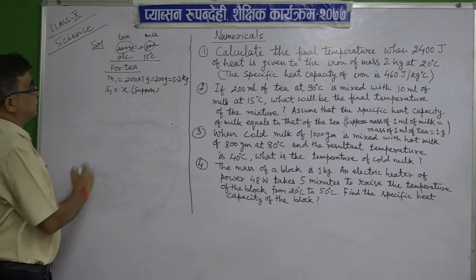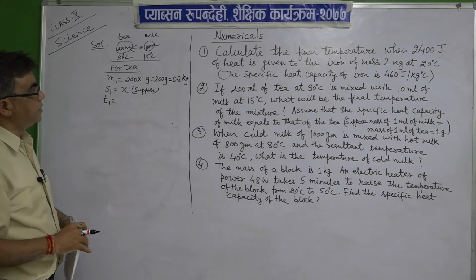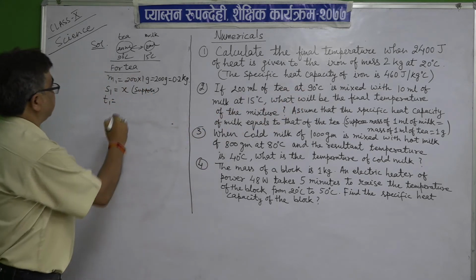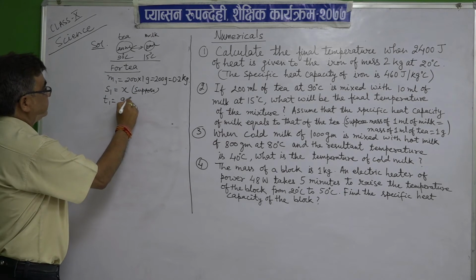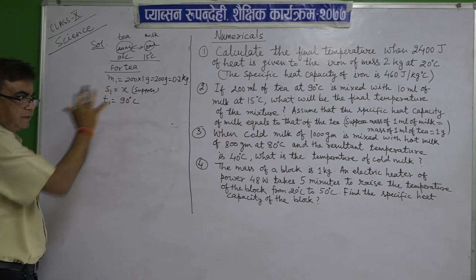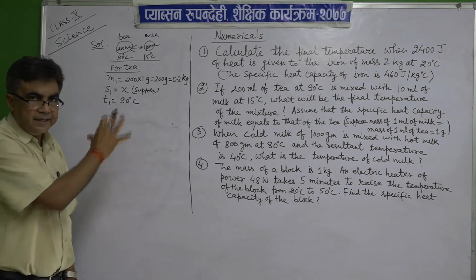M1 S1. Now, T1, the temperature of tea, is 90 degree centigrade. So, M1 S1 T1 we have become able to write here, okay.